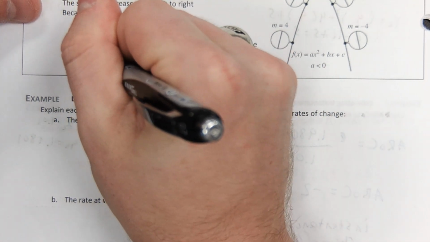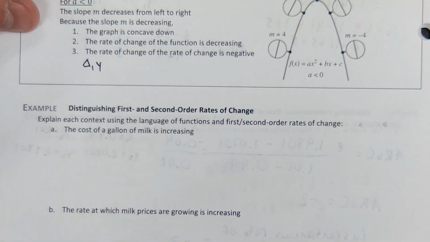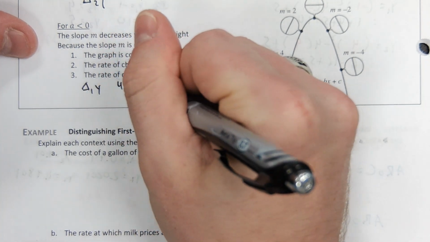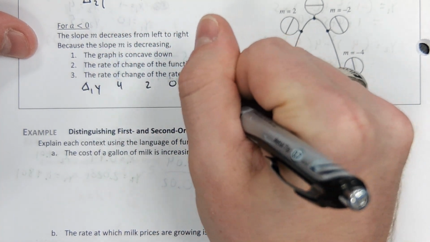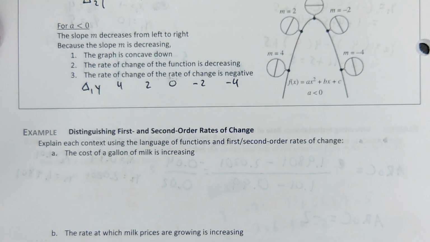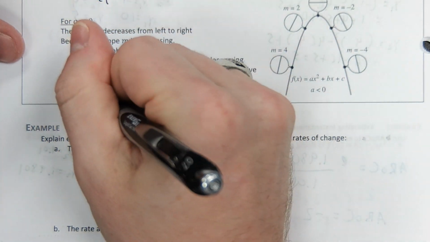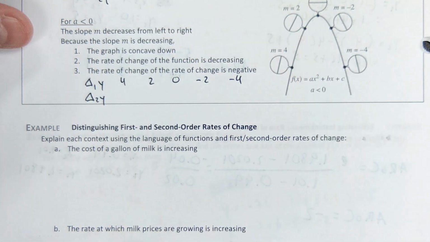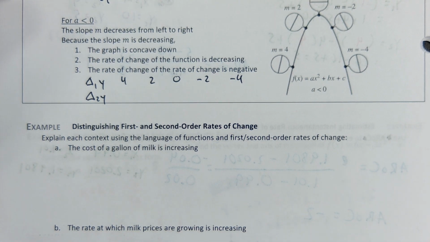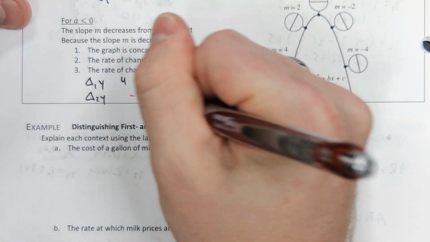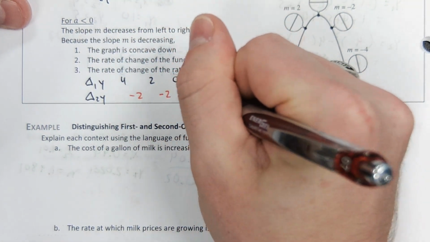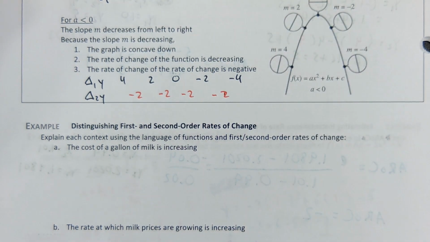This thing's delta 1 of y's was 4, 2, 0, -2, -4. I won't draw the vertical line since they messed me up last time. To go from 4 to 2, -2, 2 to 0, oh my goodness. Holy cow.